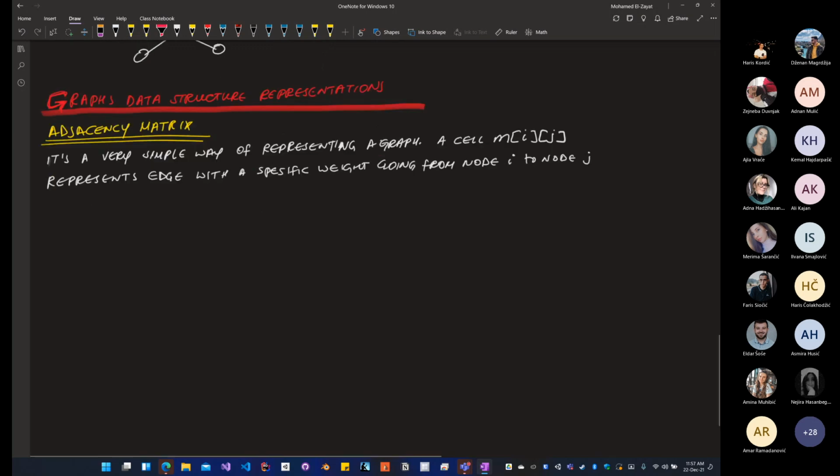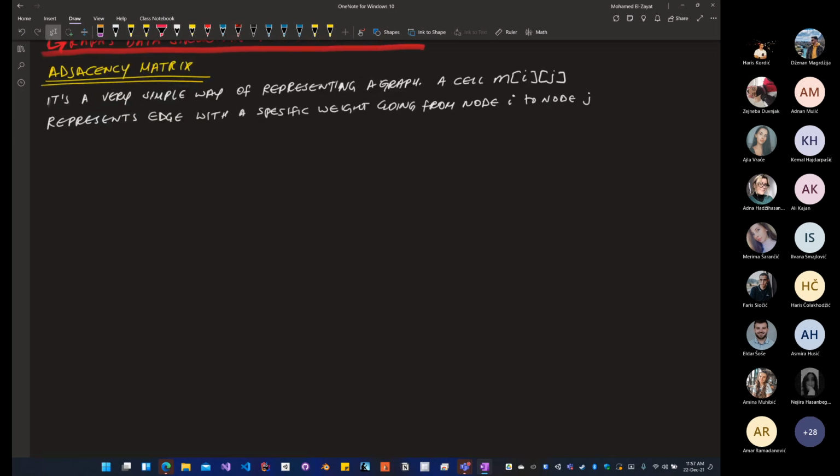Okay, so adjacency matrix, if you have, for example, an unweighted graph, let me show you this. If you have nodes A, B, C, and D, and because it's a matrix, it has to be from this side as well, A, B, C, and D. You could have, for example, is A connected to A?